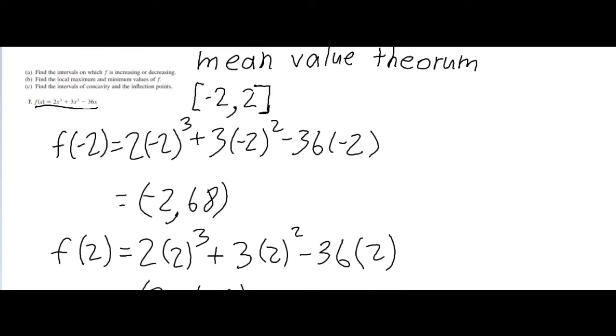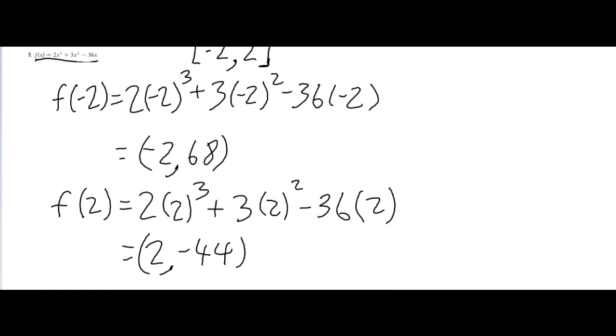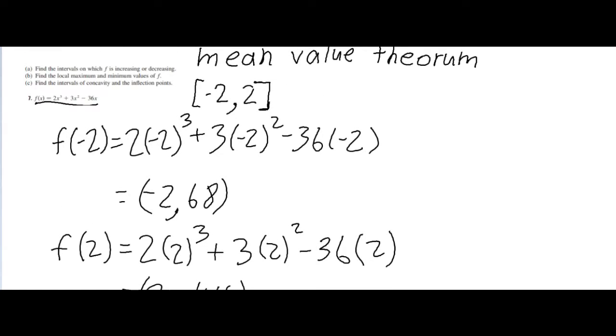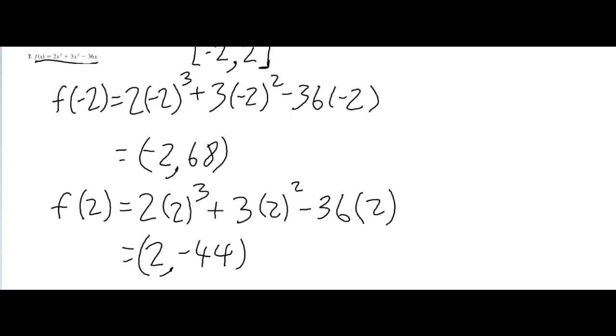So these are our points, and all we have to do is do the slope formula. So y2 minus y1 over x2 minus x1. Doesn't matter which one's y2, y1, it just matters that you keep it consistent. So we're going to do 68 minus negative 44 over, and this is going to be 68, so negative 2, and then that's going to be negative 2.